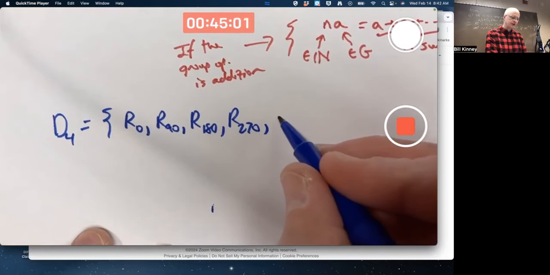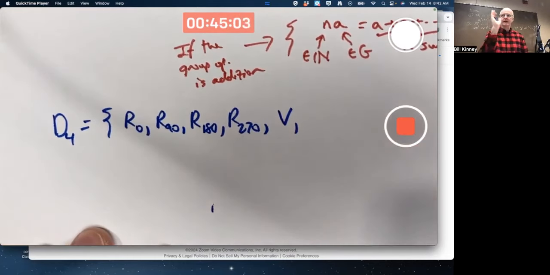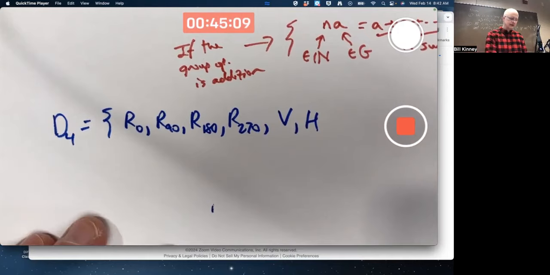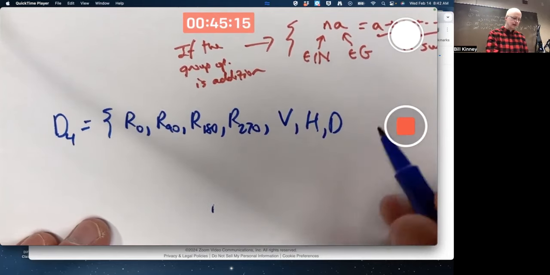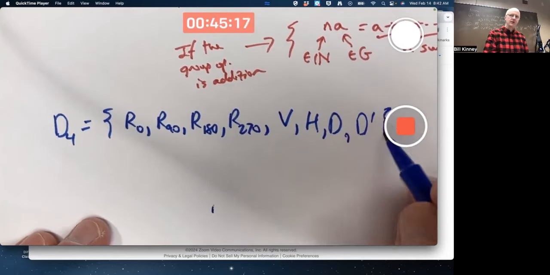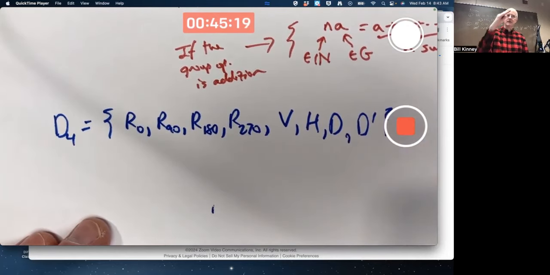And then 4 reflections. V was reflecting across a vertical line of symmetry. H was reflecting across a horizontal line of symmetry. D was a reflection across a main diagonal from upper left to lower right. And D prime is a reflection across the opposite diagonal from upper right to lower left.